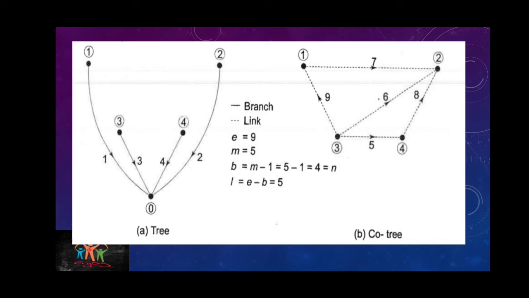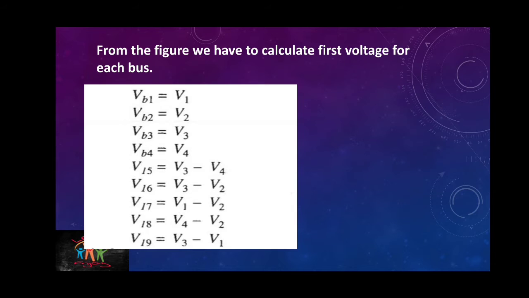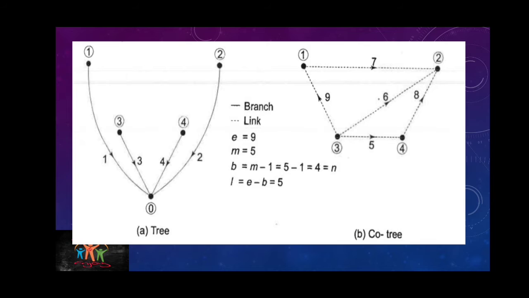First we have 4 branches here, and we have 5 links here. So from the tree and cotree concept we are getting this. We have 4 branches, so VB1 is equal to V1, VB2 is equal to V2, VB3 is equal to V3, and VB4 is equal to V4.